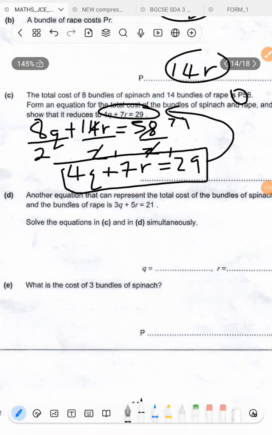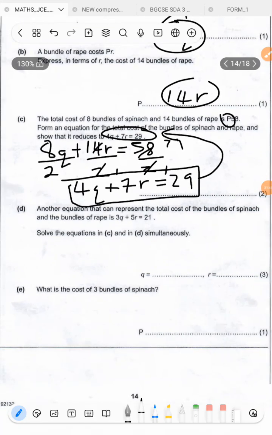Now, there are two methods of solving simultaneous equations: elimination and substitution. Substitution is usually difficult for most of you, so we'll do elimination. With elimination, you remove one of the variables.